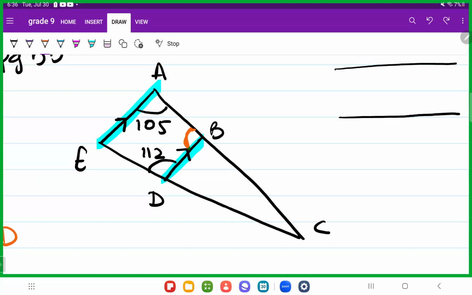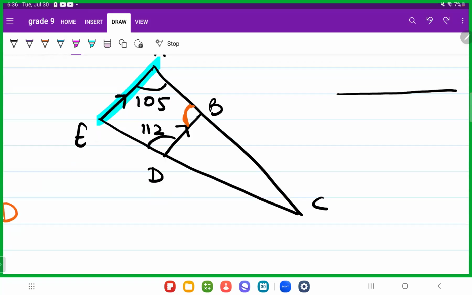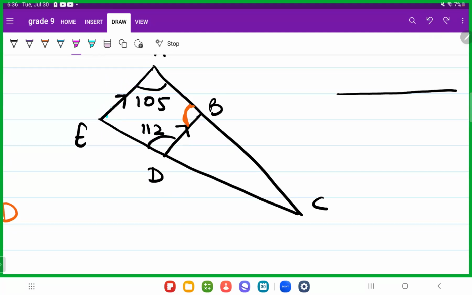Please look at the two parallel lines and then make the C. This is my C. Either this can be your C or this can be your C, because these two lines have to be taken into account.